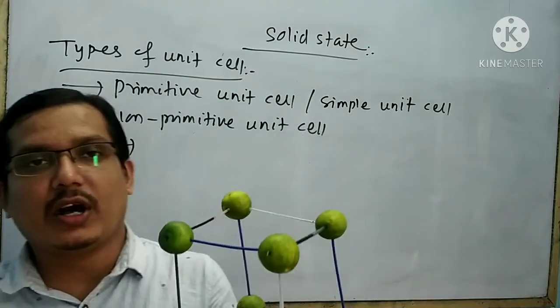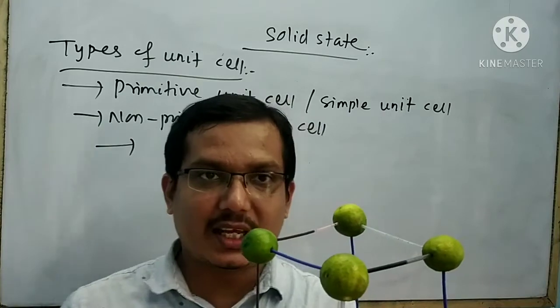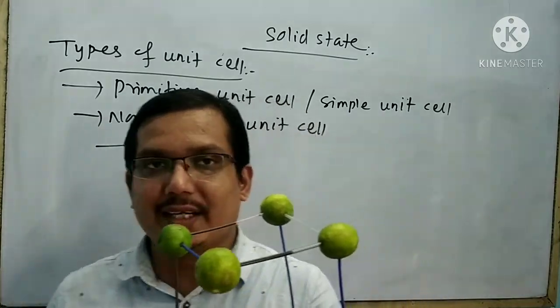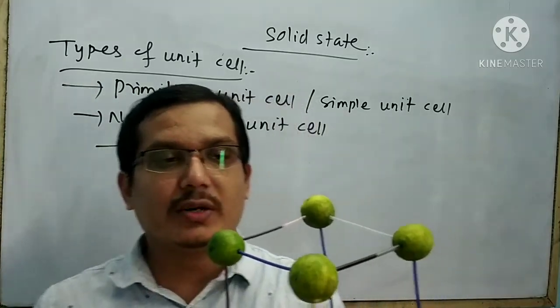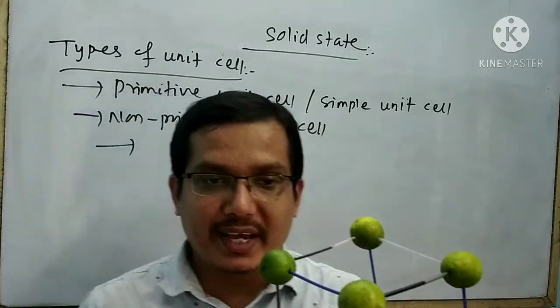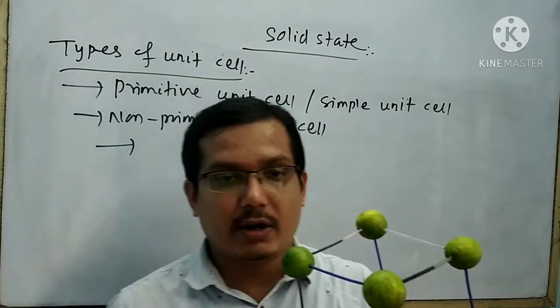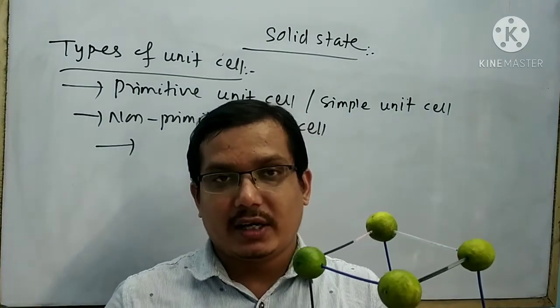Next is your non-primitive unit cell. In case of non-primitive unit cell, no doubt the constituent particles are present at the corners of the unit cell. Also the constituent particles are present at the face center and also at the body center and also at the edge center, like this.